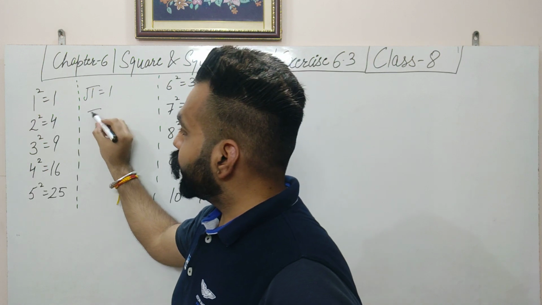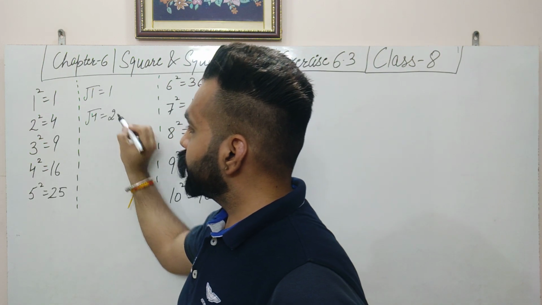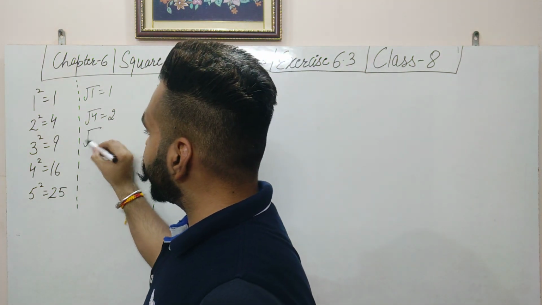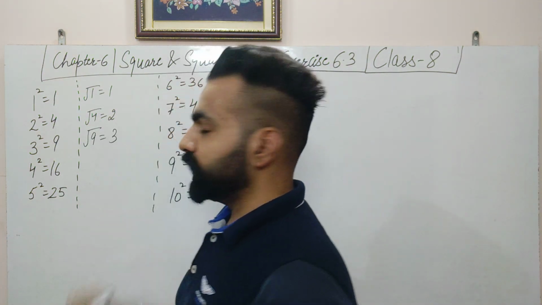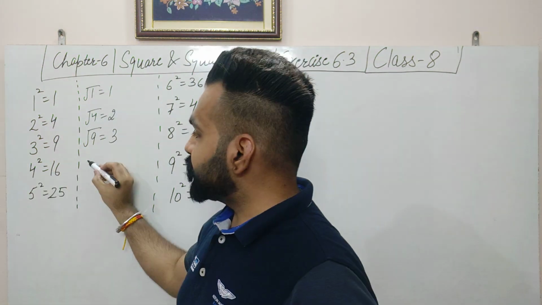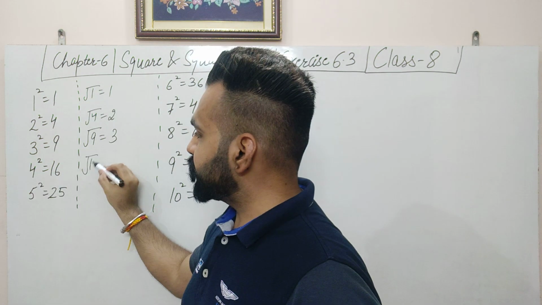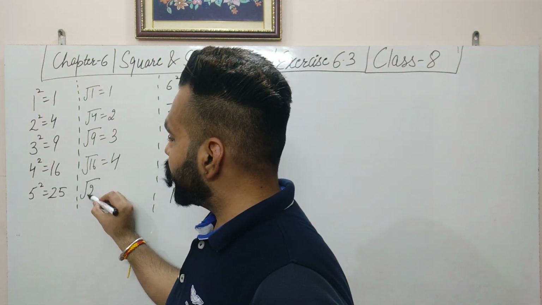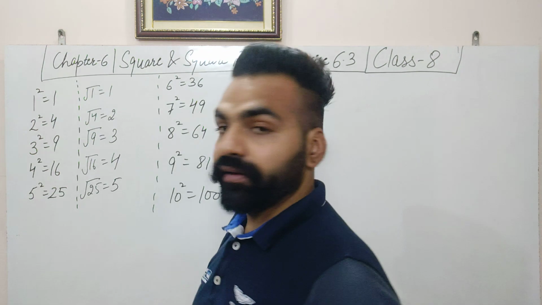Here square root of 4 is equal to 2. Here 3 square is equal to 9, so square root of 9 is equal to 3. This is just the opposite of the square. Square of 4 is equal to 16, so square root of 16 is equal to 4. And here square root of 25 is equal to 5.